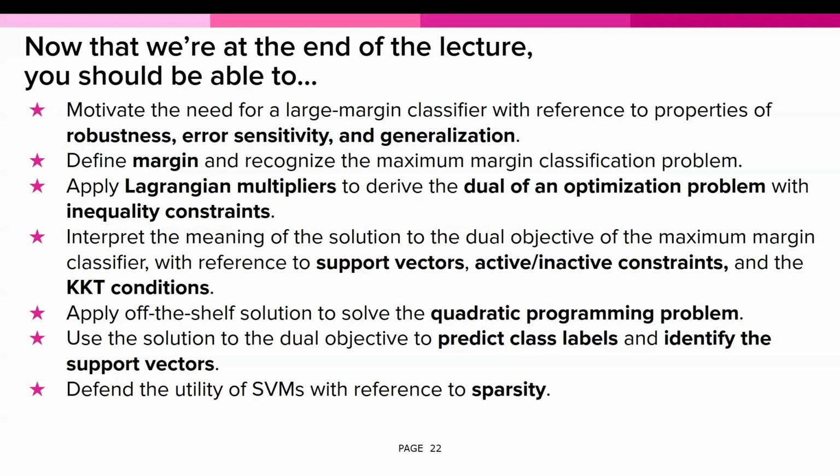Last but not least, we talked about the fundamental practical advantage of SVMs: they provide a very sparse solution, in that the final parameter vector that we compute is a weighted combination of just a few training data points, specifically those that lie on the margin. So we don't need to keep all of our training data around. We can just keep a few points, the ones on the margin, for which the constraints are active, and that's all we need.